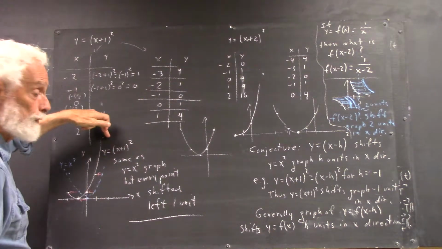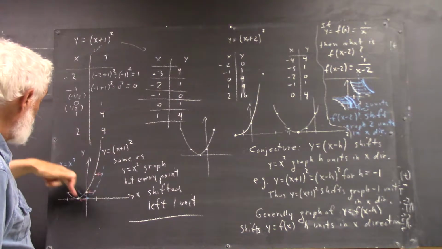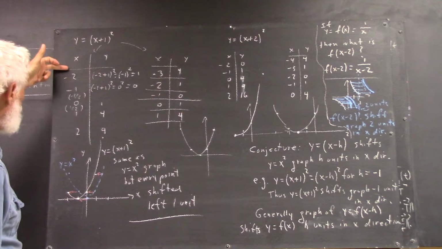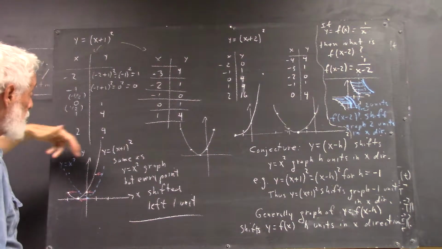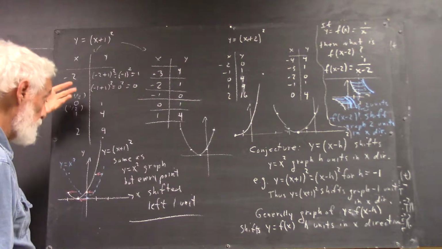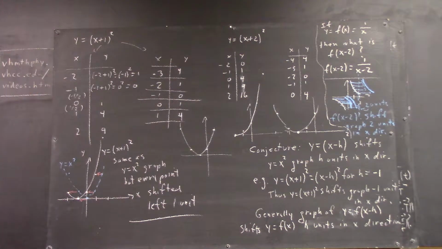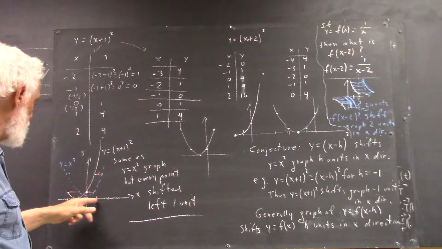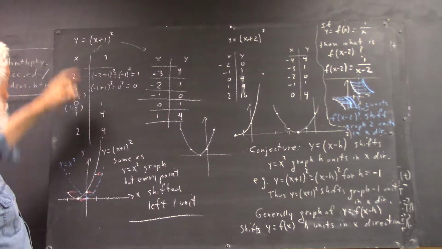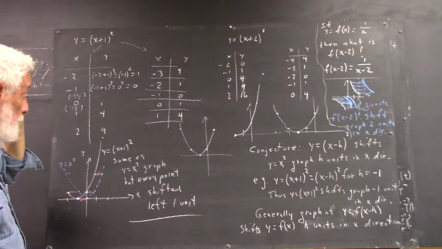And then we have an extra point up here that doesn't relate to one of the points that we get when we graph y equals x squared with our basic values, but it's a point that we would get if we evaluated y equals x squared at x equals 3. Okay, so the thing we demonstrate here is that all the points of the y equals x squared graph appear to shift 1 unit to the left when we replace x by x plus 1.